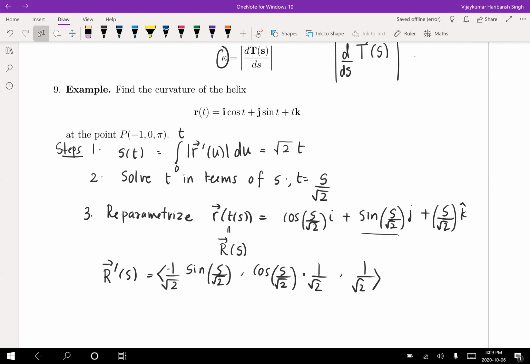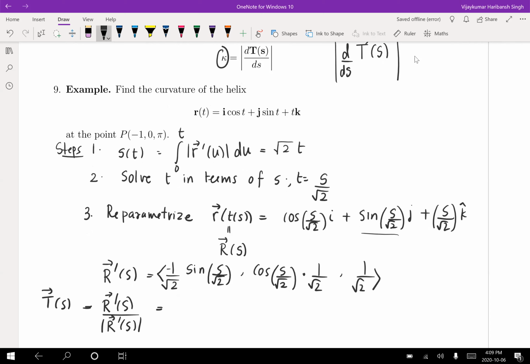So now what is the length of r prime? We need r prime of s divided by the length of r prime of s. This will give me my T of s, the tangent.